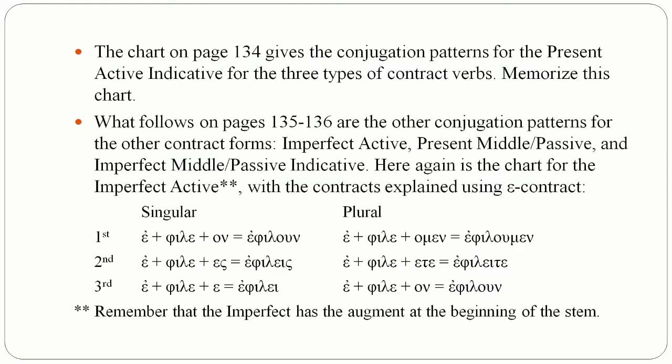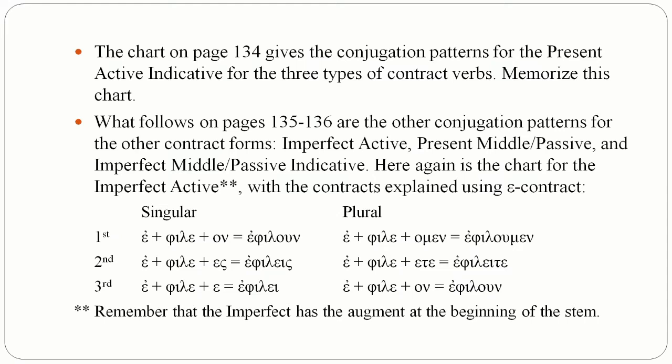All right, moving on. There is a chart in your textbook, page 134, and it gives the conjugation patterns for the present tense for three types of contract verbs. If you look on page 134, you will see it has three verbs there: timao, then phileo for the epsilon contract, and delao for the omicron contract.